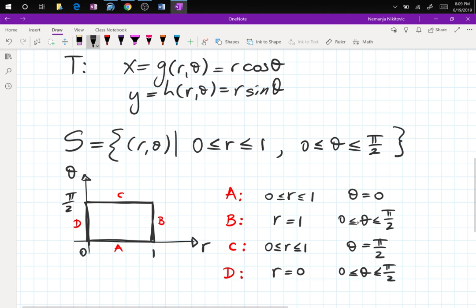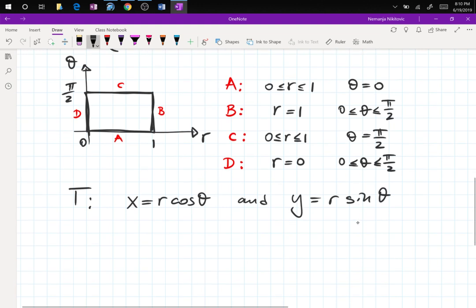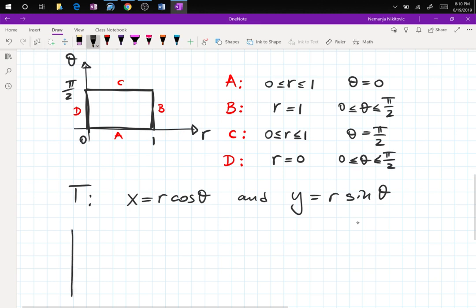It is time to use my transformation and create the xy equivalent of this. My transformation is given by x equals r cosine theta and y equals r sine theta. And I will graph what I get now in the xy plane, because I am transforming region S into this new region, which would be on the xy plane.